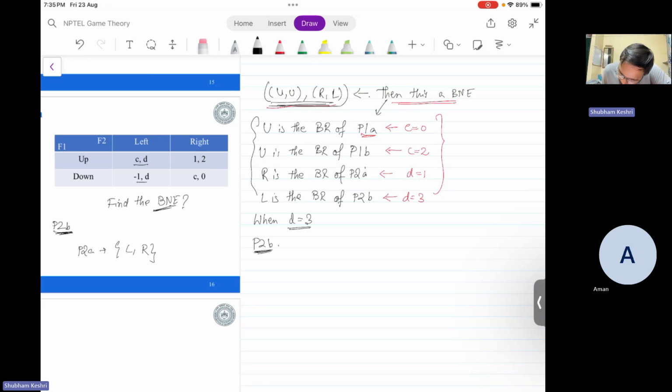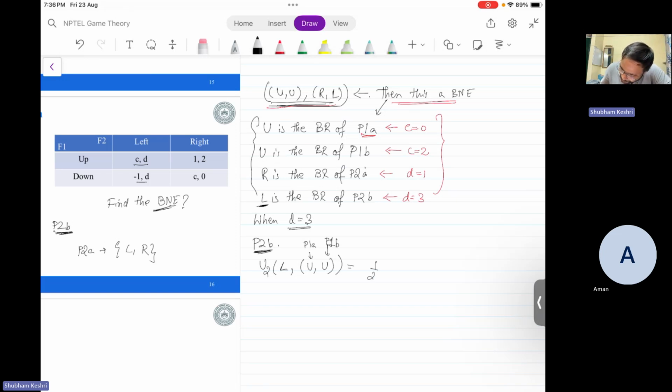Therefore, when player 2 knows that I am player 2B, his utility will depend upon what type player 1 is. So utility of player 2 when he is playing L. You see, we have to check if this is the best response or not. So when he is playing L and player 1 is playing U, U, what does this mean? Player 1A and this is for player 1B. All right. So what will this be?